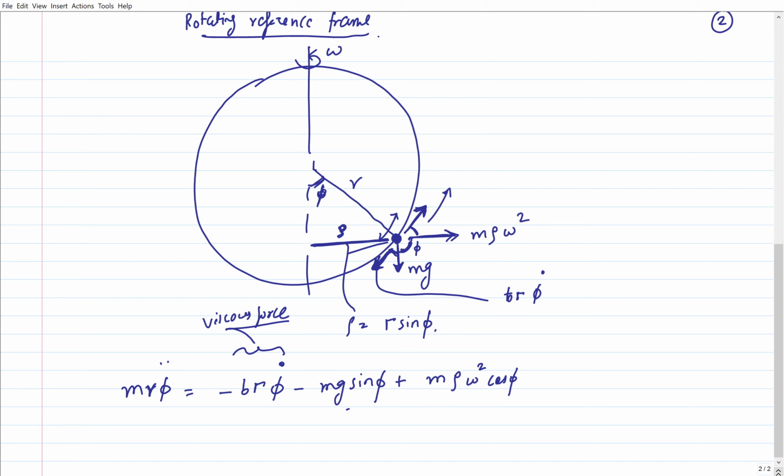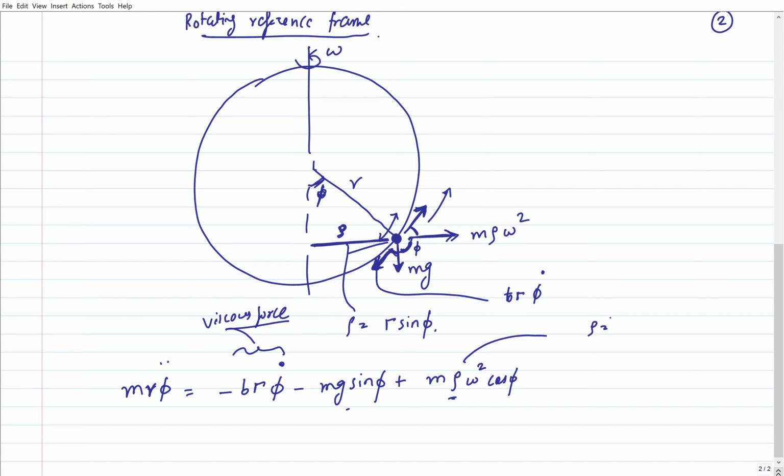So let's see if we have done it right. Yeah, I'm pretty sure we have done it correctly. And what is rho? Rho is nothing but r sine phi.